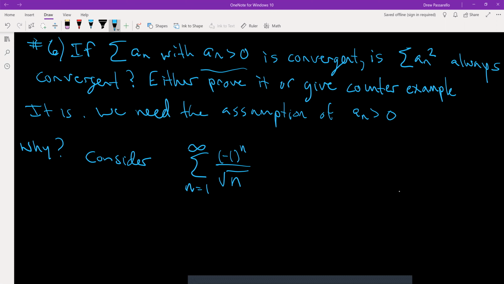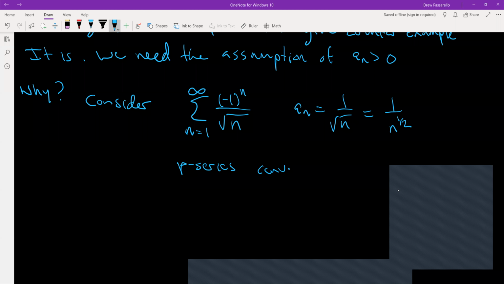This will converge by alternating series test because our an is 1 over square root of n, which is 1 over n to the 1/2. And for p series, right, it should converge. Make sure I have that right. Hold on. All right, sorry.